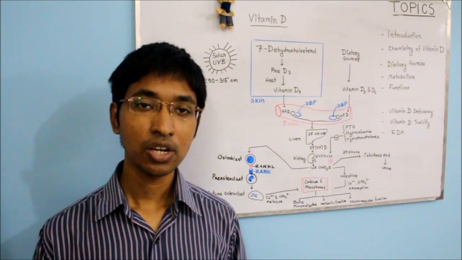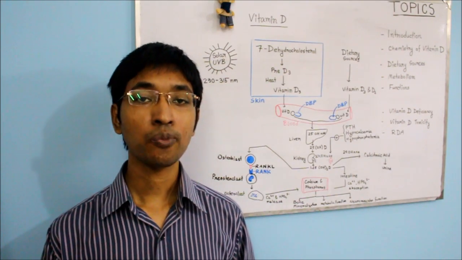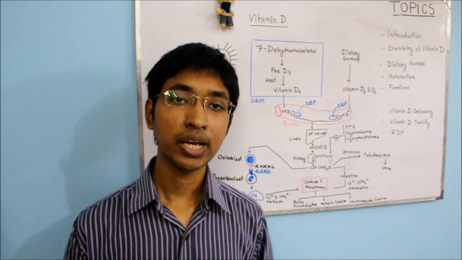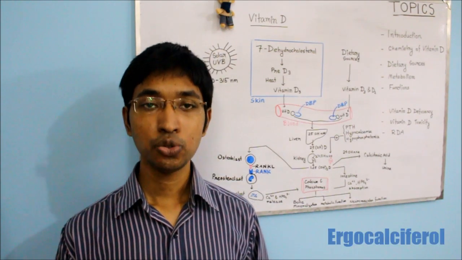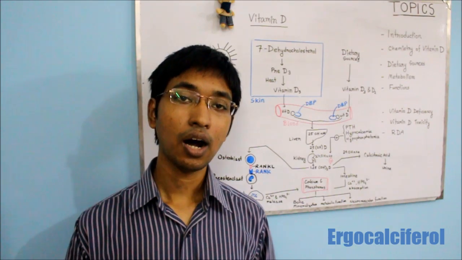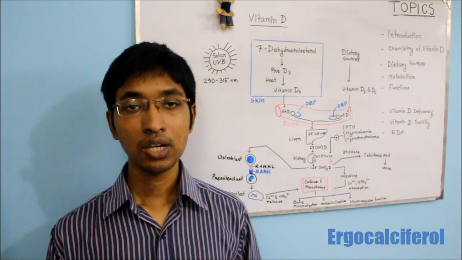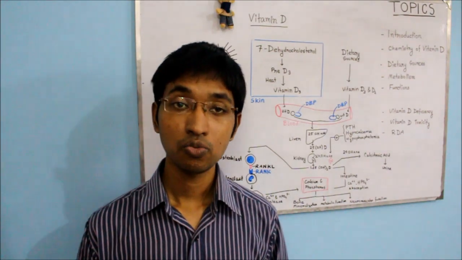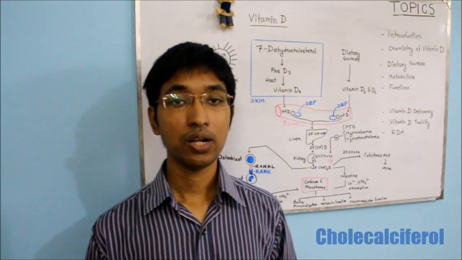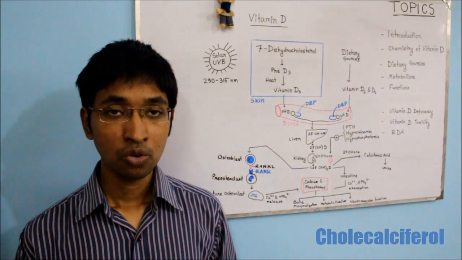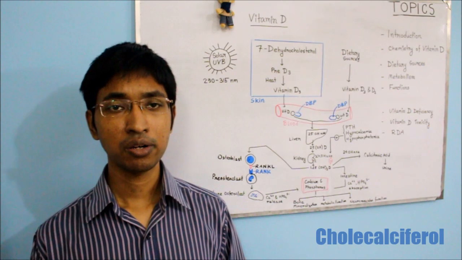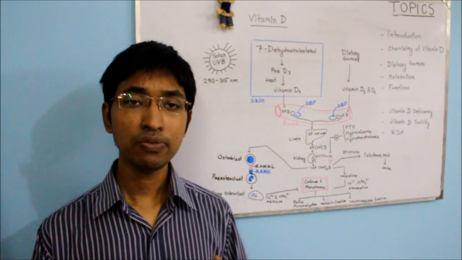In the nature, we will have two forms of vitamin D. From the plant source, we will get vitamin D2, which is also known as ergocalciferol, and from the animal source, we will get vitamin D3, which is also known as cholecalciferol. And one thing you have to remember, that these things are derived from their precursor or pre-vitamin forms.